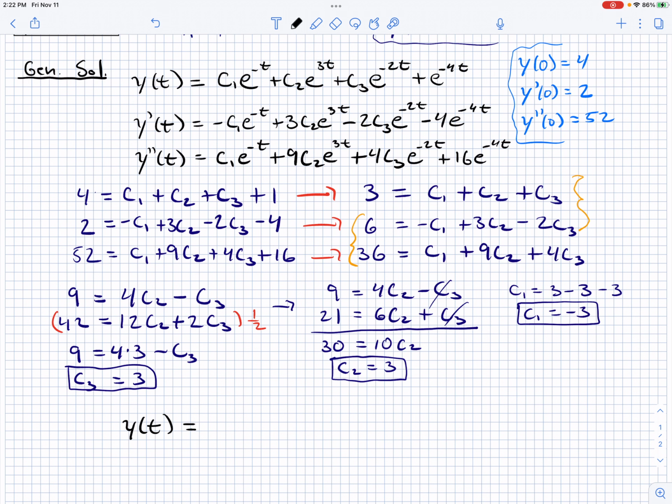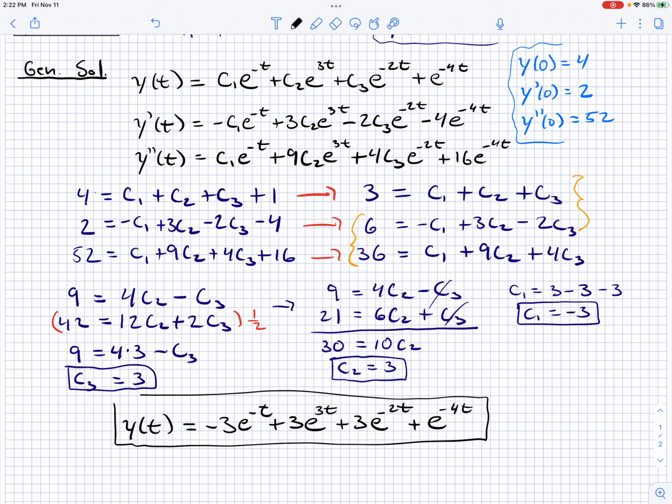C1 is negative 3, so it's going to be negative 3 e to the negative t plus C2, which is 3, e to the 3t plus C3, which is also 3, e to the negative 2t plus e to the negative 4t. And that is our solution to the initial value problem.